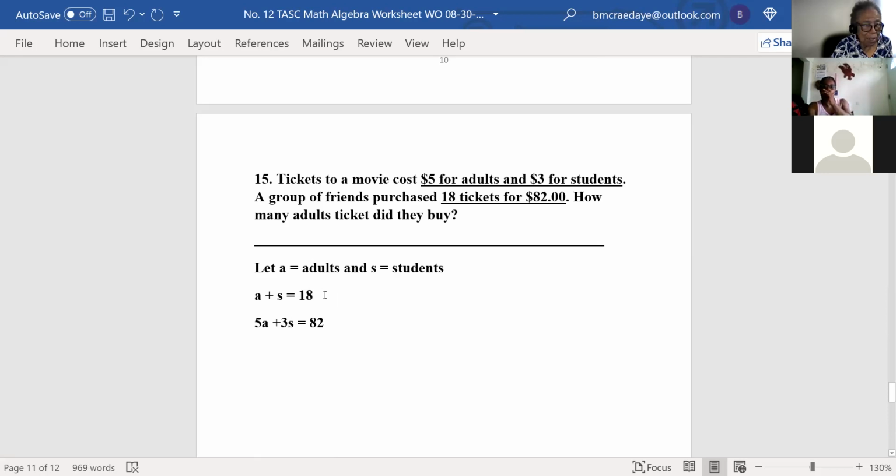So if A plus S is equal to 18, then what is S equal to? 18 minus A. We just took this equation and solved for S. Subtract A from both sides. So S equals 18 minus A. Now, Vanessa, since we know S is 18 minus A, what can we do with that equation? So we have one unknown.